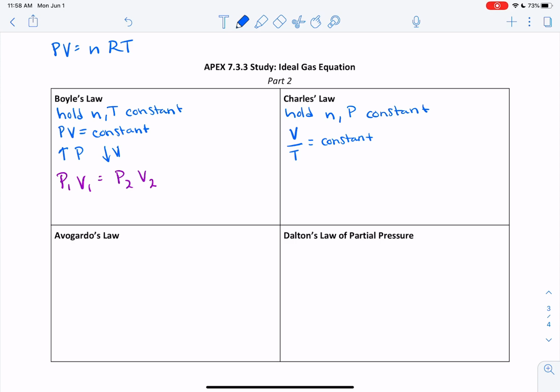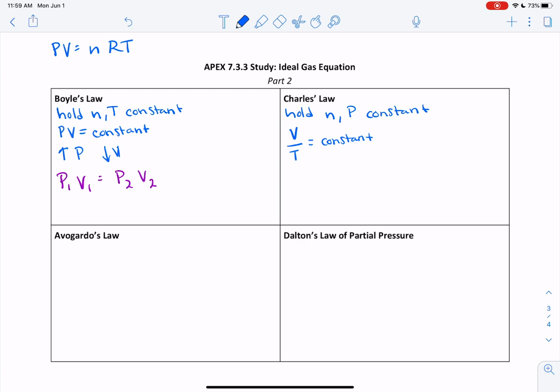And how we got that is if you have PV equals nRT and all of these are held the same, then to get this all on one side, you would divide by T. So Charles' law is saying volume divided by temperature is always going to give you a constant number.